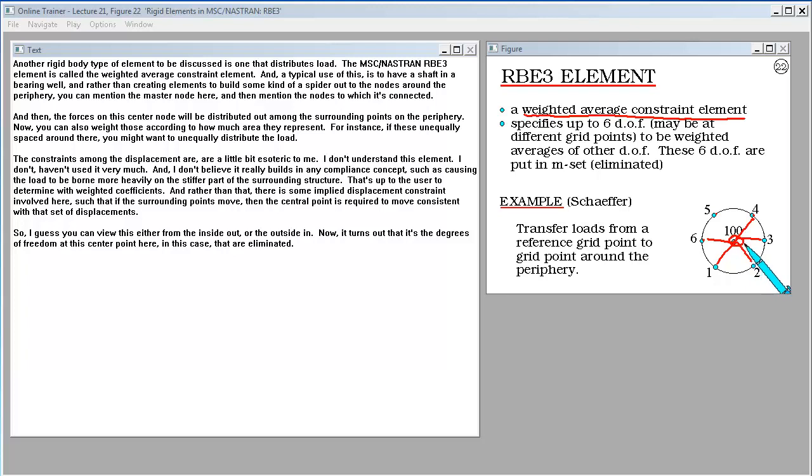And rather than that, there is some implied displacement constraint involved here, such that if the surrounding points move, then the central point is required to move consistent with that set of displacements. So I guess you can view this either from the inside out or the outside in. Now it turns out that it's the degrees of freedom at this center point here in this case that are eliminated.